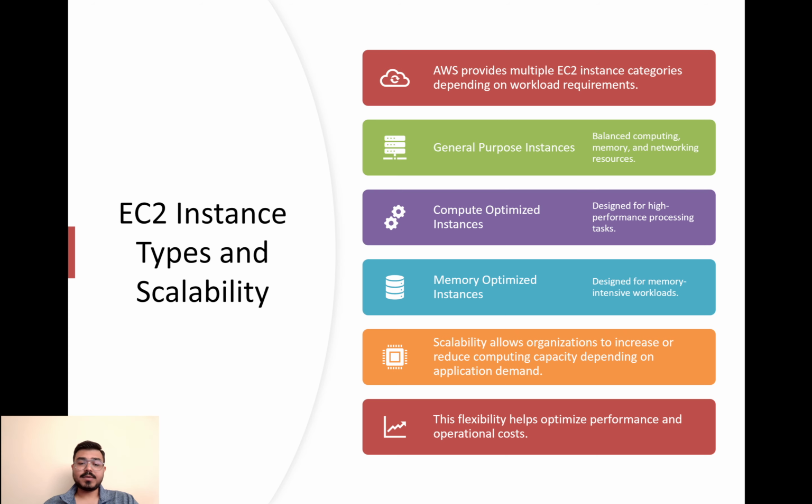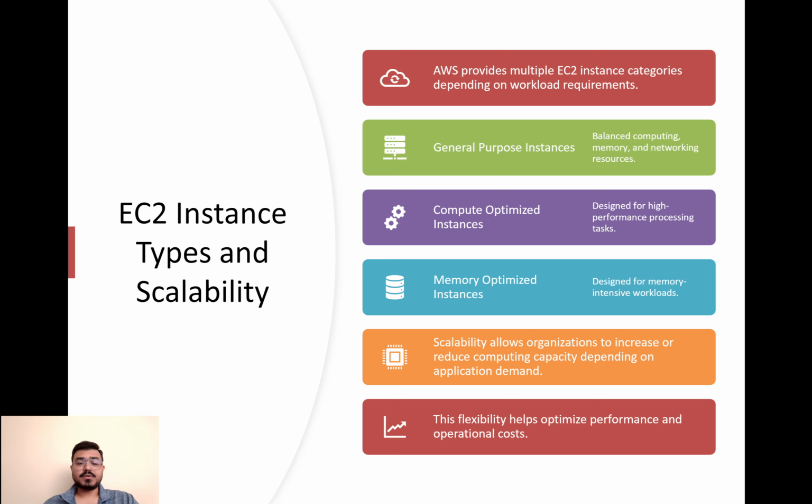Another important concept is scalability. Scalability means organizations can increase or reduce computing capacity depending on application demands. For example, imagine an online shopping website during a holiday sale. Customer traffic may increase significantly.